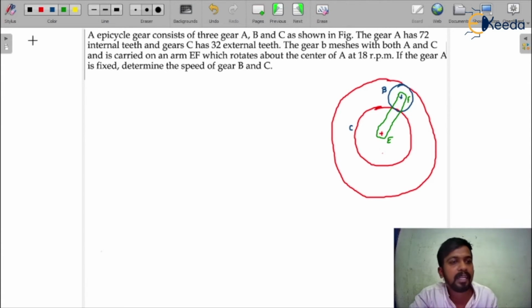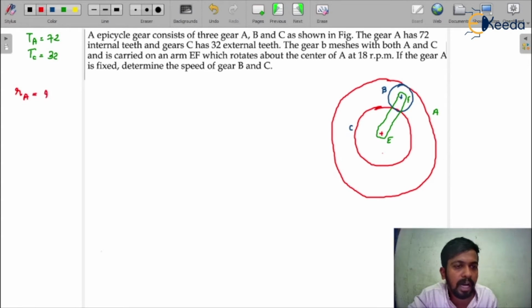Now in the question it is given that the teeth on gear A are 72 and the teeth on gear C are 32. The teeth of B are not given. Can we find the teeth on gear B? See here, this is gear A. How can I write the radius of gear A?